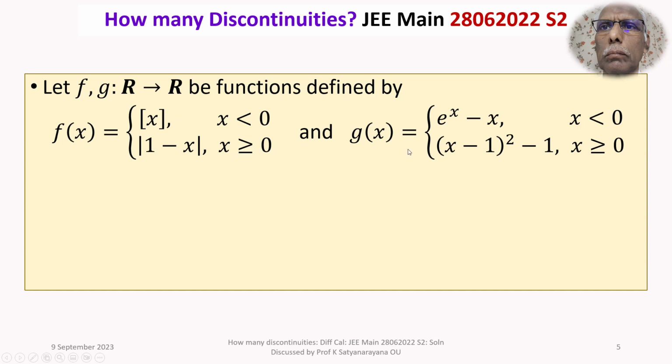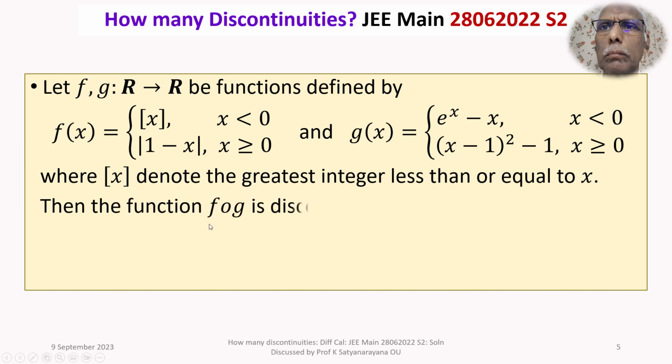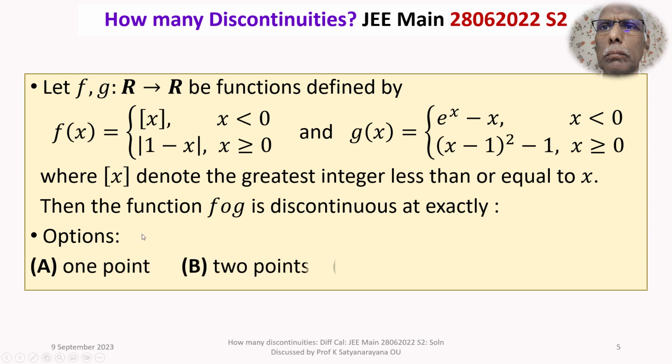And g of x is equal to e power x minus x when x is negative, and (x minus 1) whole square minus 1 when x is greater than or equal to 0, where bracket x denotes the greatest integer less than or equal to x. Then the function f compose g is discontinuous at exactly, we are given 4 options.